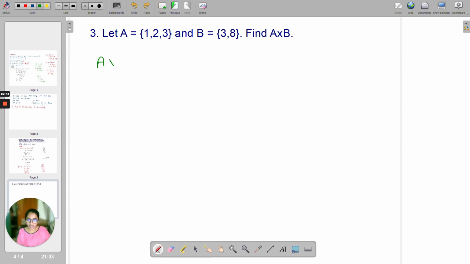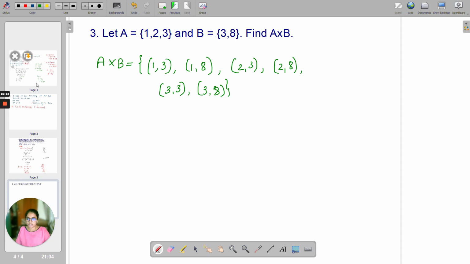So A cross B would be the ordered pairs, that is (1, 3), (1, 8), (2, 3), (2, 8). Yes. And then comes (3, 3) and (3, 8).